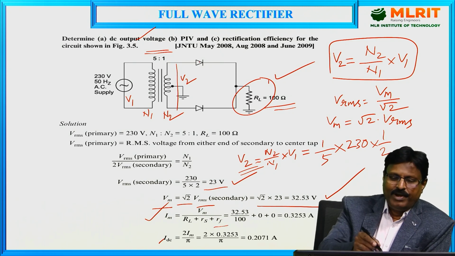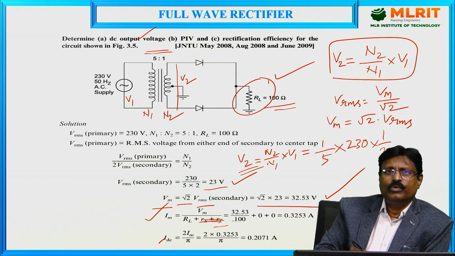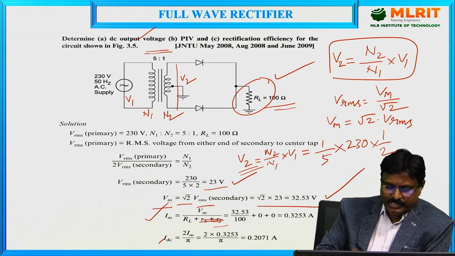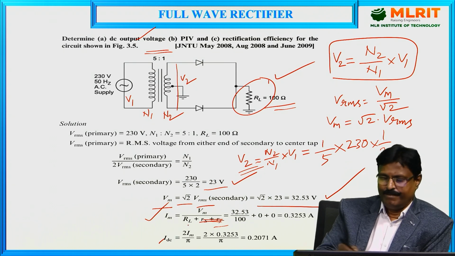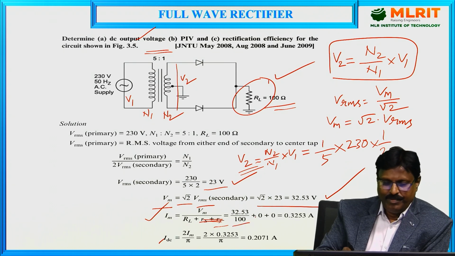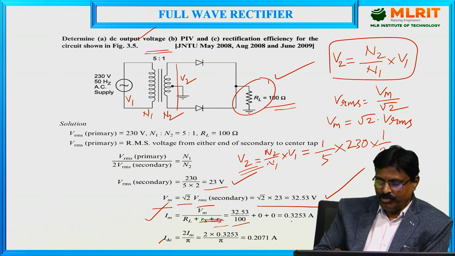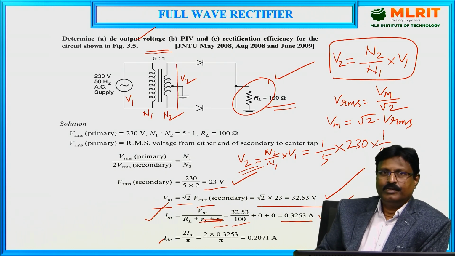But in the given data, RF and RS values are not provided. So we can ignore these two values, RS and RF, and directly write it as Vm by RL. Vm value is 32.53 volts by RL, which is 100 ohms. So we'll be getting 0.3253 amperes. That is the value of Im.